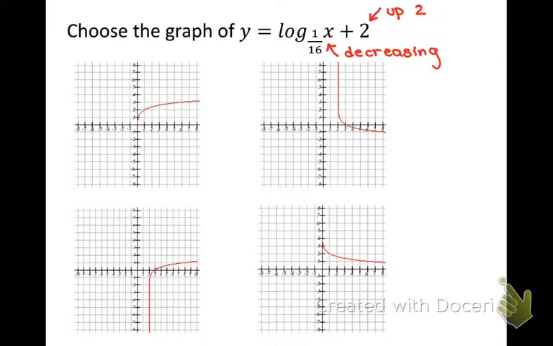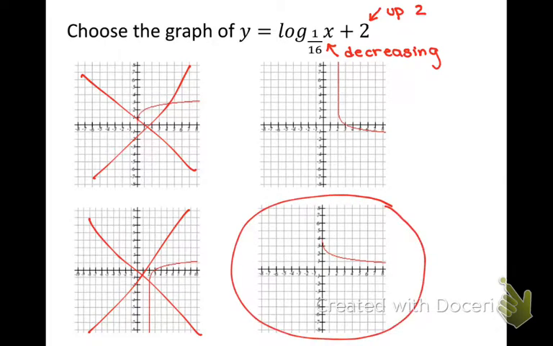Okay, so let's think about what's happening here. I'm going to have a decreasing graph. So I know right off the bat it's not the upper left or the bottom left. And then I need to move my whole graph up 2. Well, that top right one moved it to the right 2. Up 2 is going to come from that bottom right.